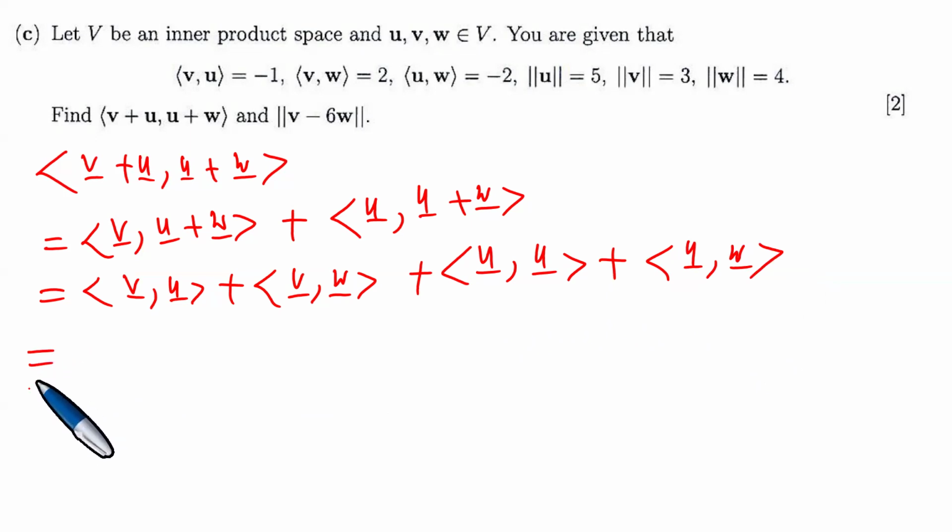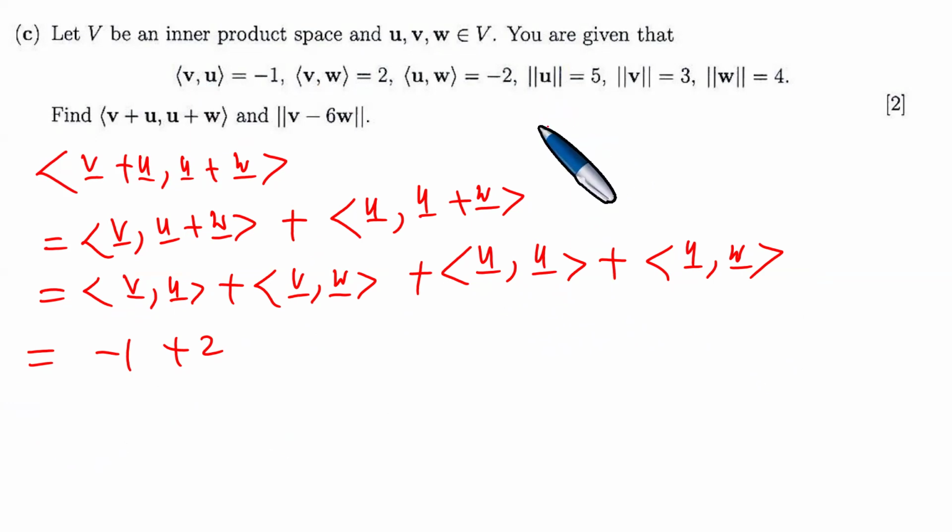What then is VU? Because now you already have it, it's negative 1. Well done. And then what is VW? It's 2. Well done. Then what is UU? 5 squared. Well done.